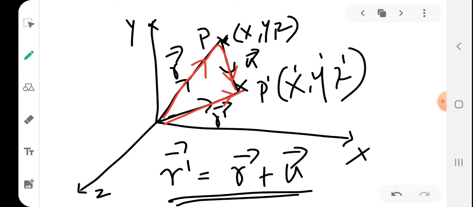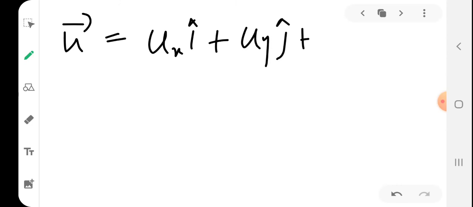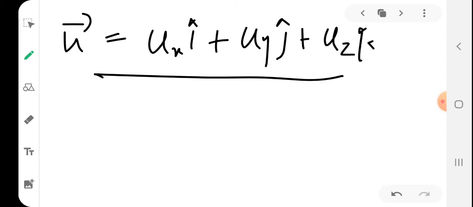Since u is a vector, it can have three components. Let its three components be ux, uy and uz. So u vector is ux i plus uy j plus uz k, where i, j and k are the unit vectors in the x, y and z directions. So u vector can be written in this form also.